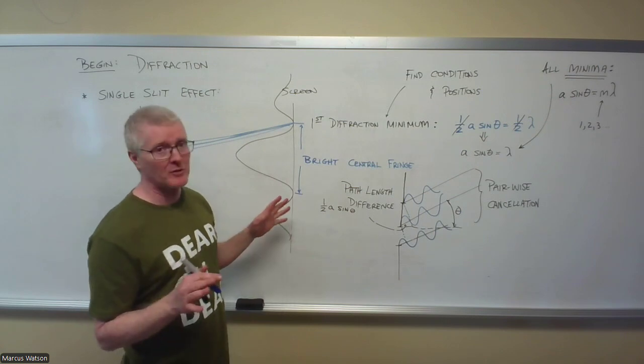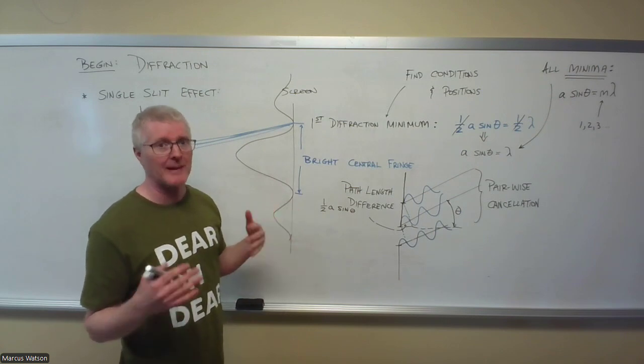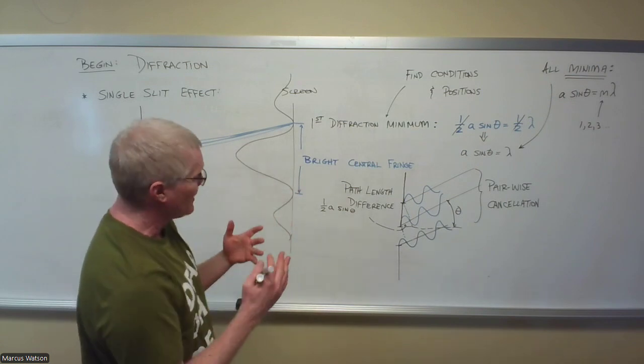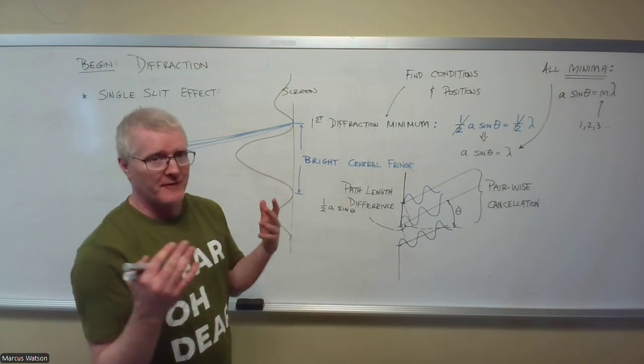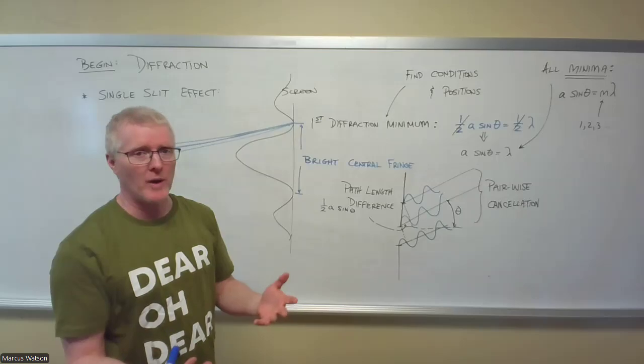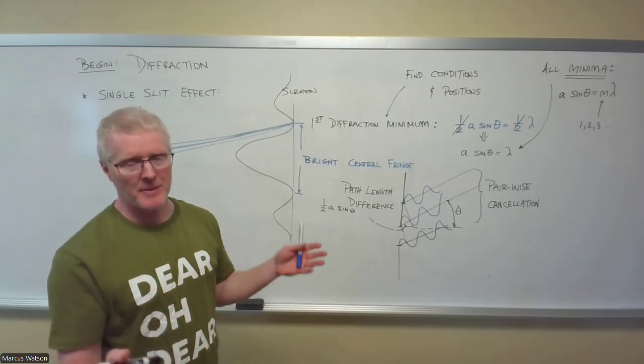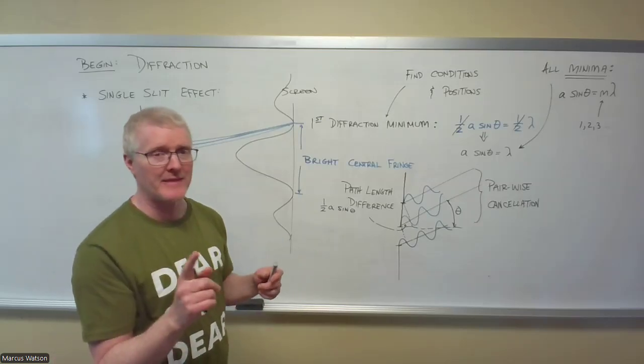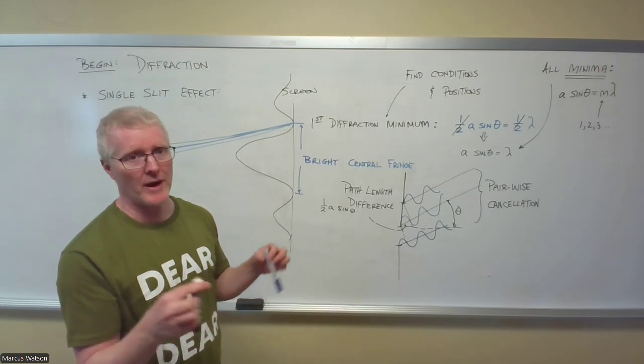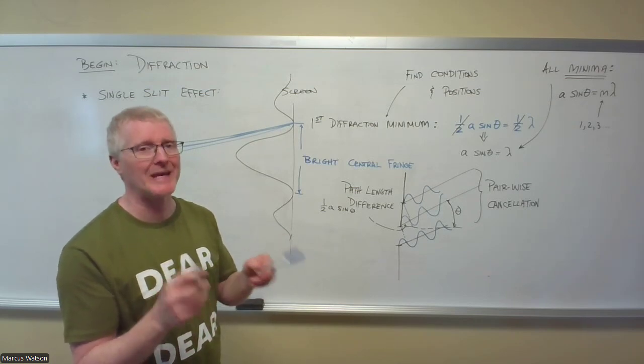Nonetheless, what we can do is things that are fairly straightforward, like I can find between where and where each maximum is. Because I can find the minima, I can tell you where the maximum is between.